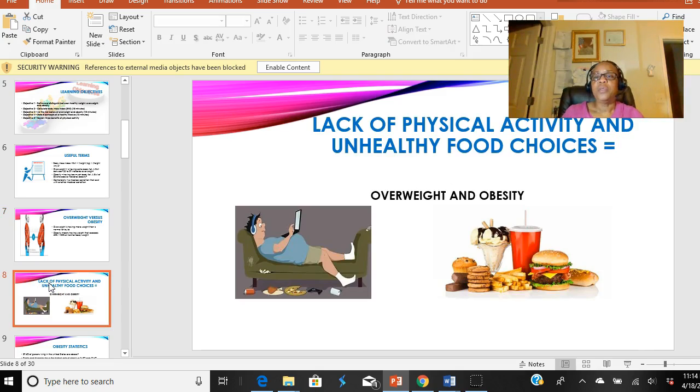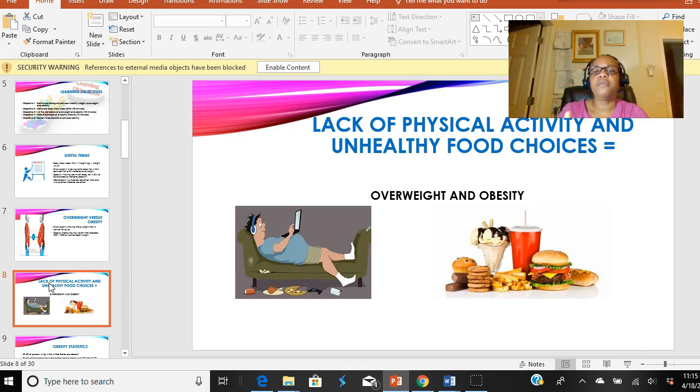Now, what leads up to overweight and obesity? And it is simple. Lack of physical activity and unhealthy food choices.